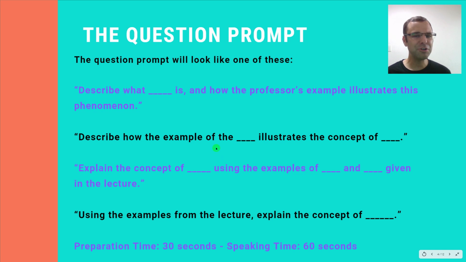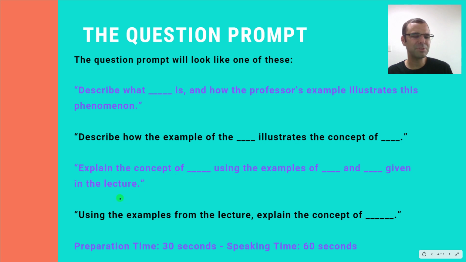Now, after you finish listening to the lecture, the question prompt will appear on the screen, and it'll probably look something like one of these ones here. Maybe something like describe what such and such is and how the professor's example illustrates this phenomenon. Or describe how the example of the whatever illustrates the concept of whatever.